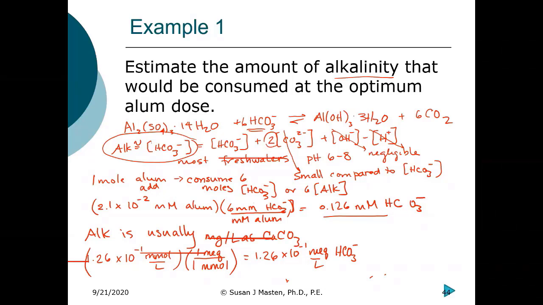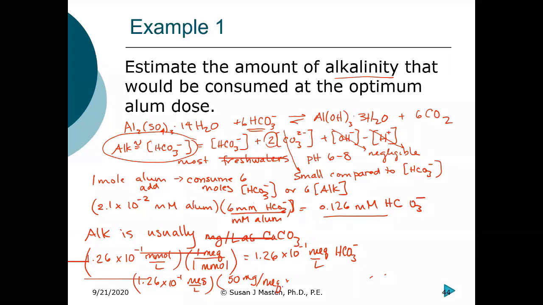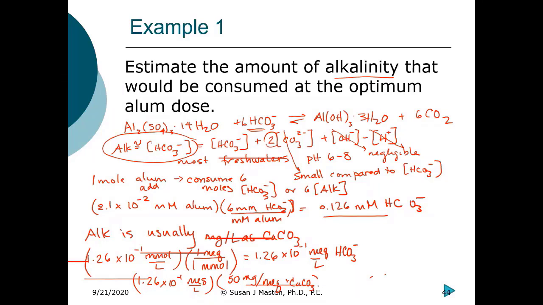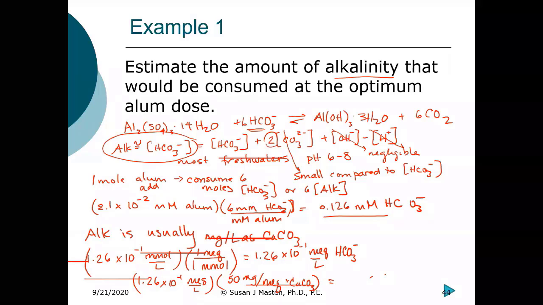And then the last set of calculations: we have 1.26 times 10 to the minus 1 milliequivalents per liter, our bicarbonate concentration. There are 50 milligrams per milliequivalent of calcium carbonate. There is a video that I produced for 480 on hardness and alkalinity, on my YouTube channel, that goes through all of these calculations in much more detail.